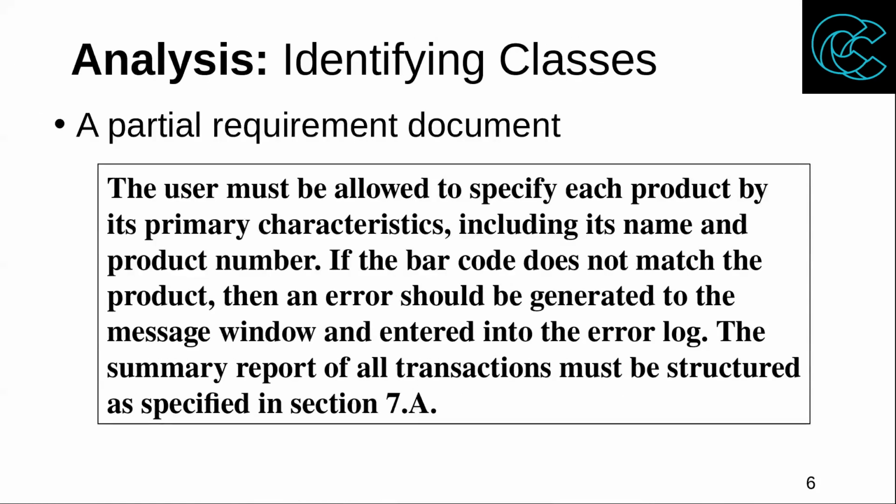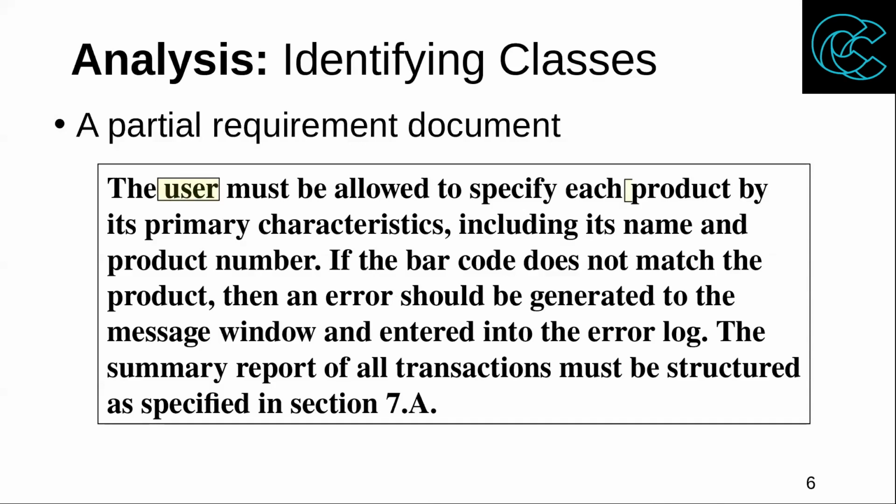So here is an example. So you have a requirement document, and it has a bunch of text, right? So it talks about product, and product having a name and a product number, and the product number is represented by a barcode. So you go over this document carefully, and then the first step, like I said, is to identify the classes, and the heuristic that we can follow is to recognize the nouns.